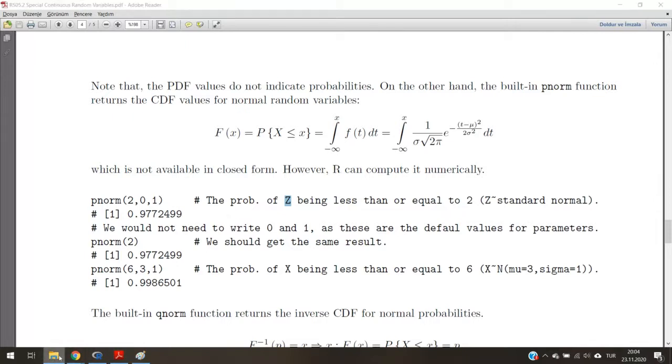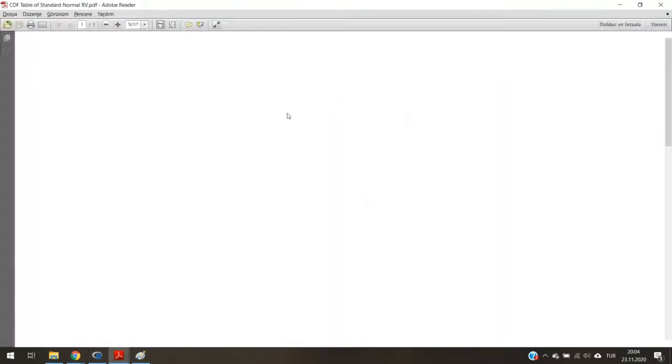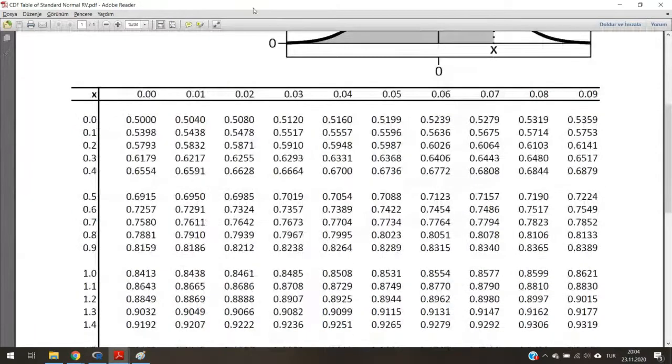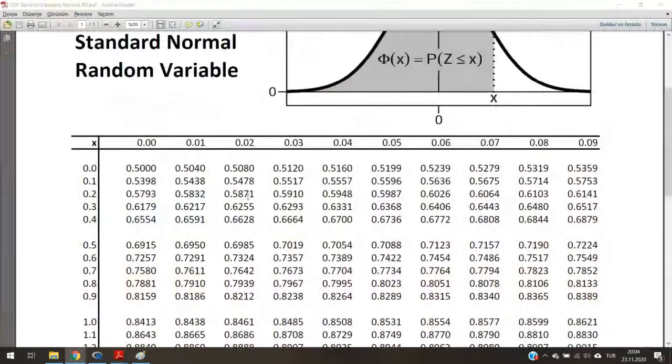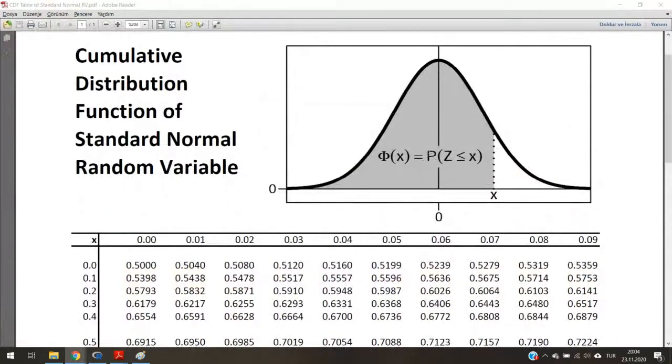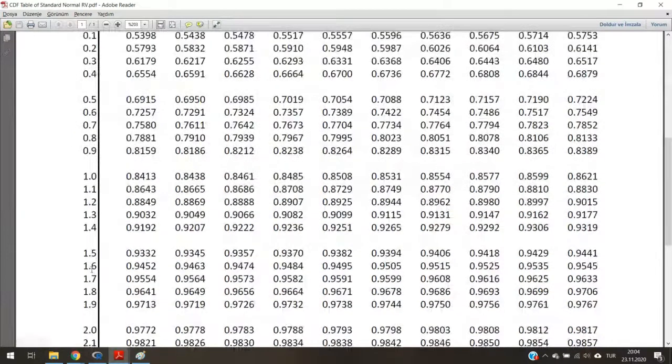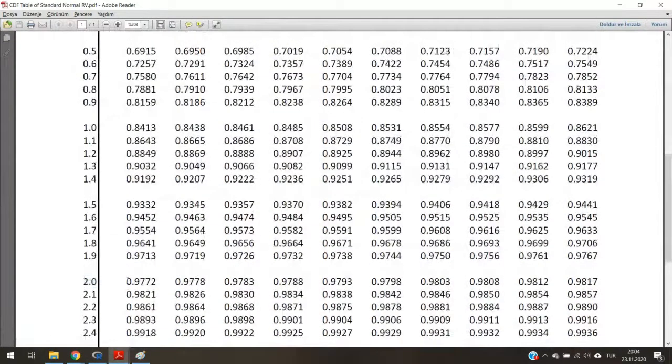Now, remember, so far, we have learned that it is easy to calculate this probability using the CDF table, right? So if we want to calculate the probability of a standard normal random variable to be less than or equal to 2, we need to check 2 from this list, and it is 0.9772, right?